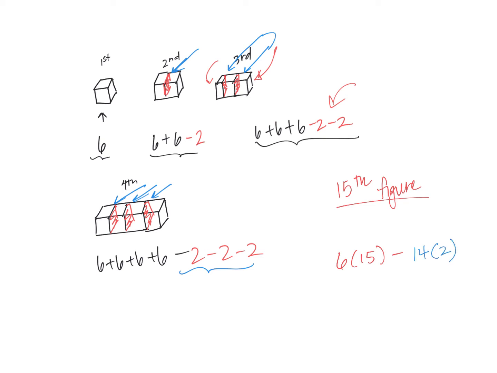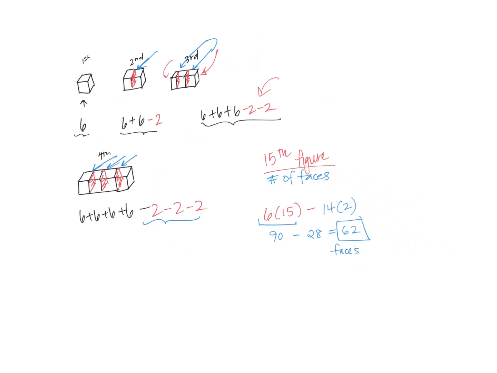So if I do some math really quick for the number of faces painted, again, it's only those that are exposed, on the outside part. 6 times 15 gets me 90, minus 14 times 2 is 28, which will give me a total of 62 faces being painted. Now if we do this in general, and again, I was doing this pattern to help me figure out what the 15th one would be.